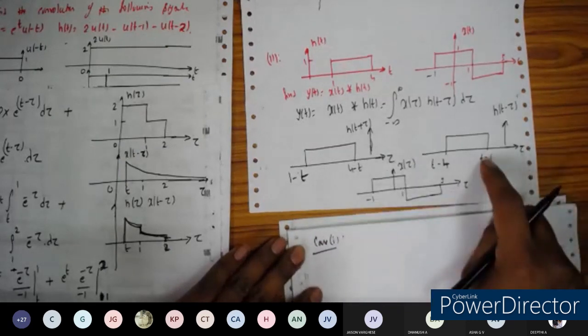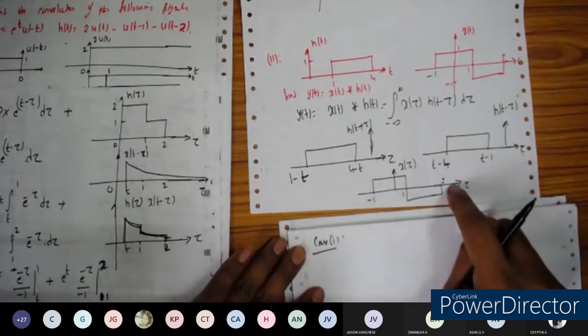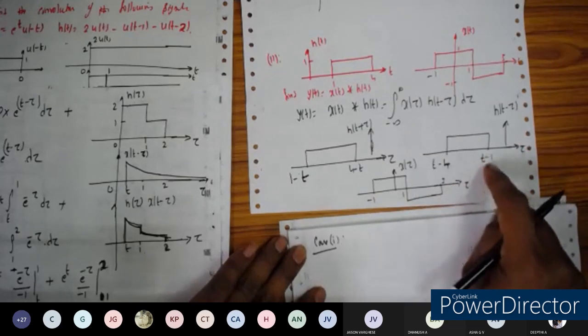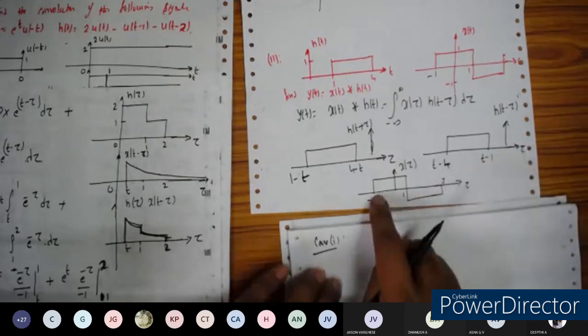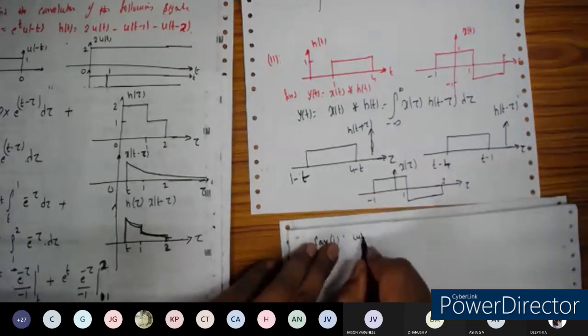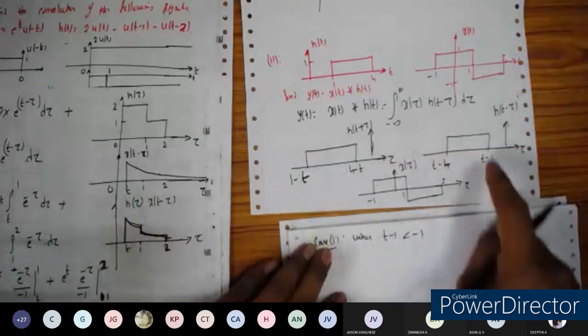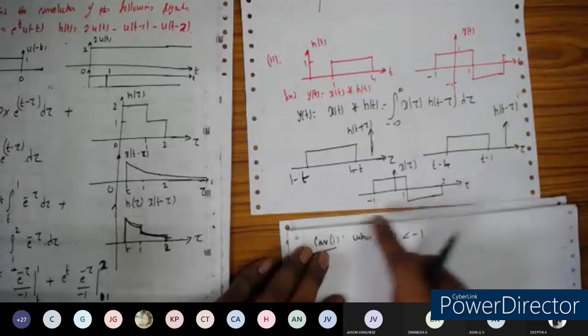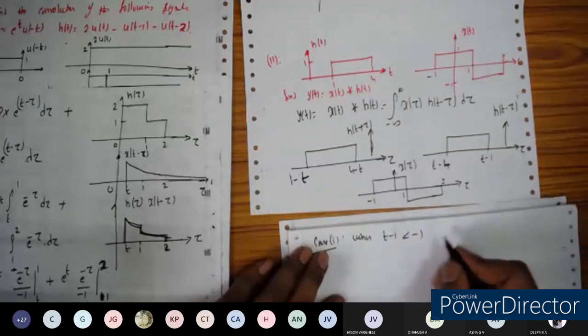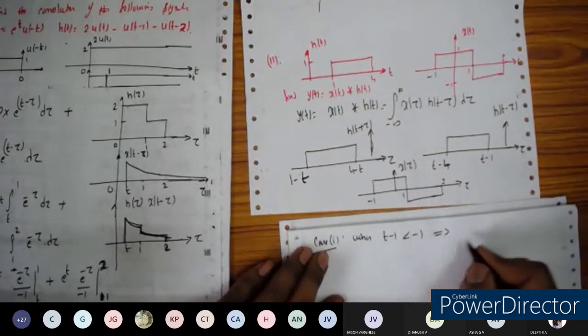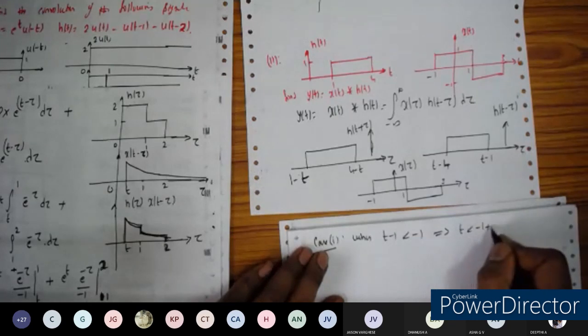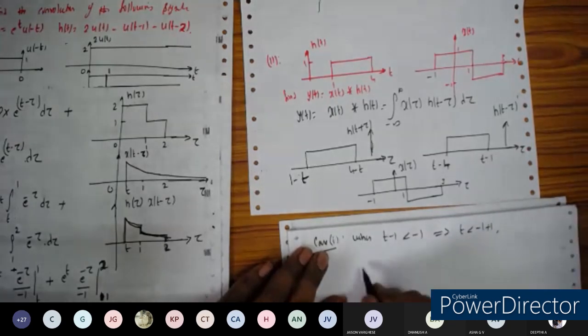So I'm going to take this as t minus 1, and this is -1 to +3. The first case is the non-overlapping condition. So take case 1 when t minus 1 is less than -1. Sending -1 to that side, it becomes +1, so t is less than 0.